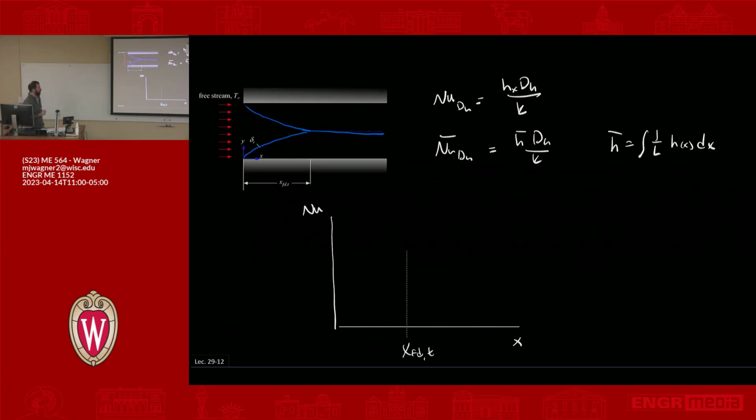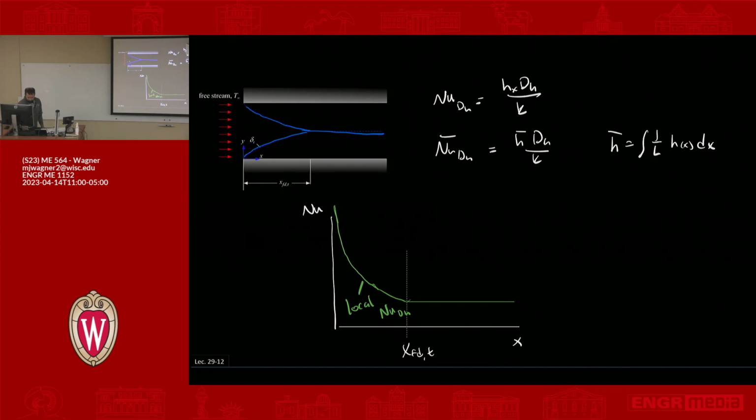Let's assume this is laminar the whole time. So starting off, the local Nusselt number is going to be infinite, and it's going to drop down, and at some point it's going to become fully developed, and then it becomes constant. That's local, which we would call Nusselt dH.